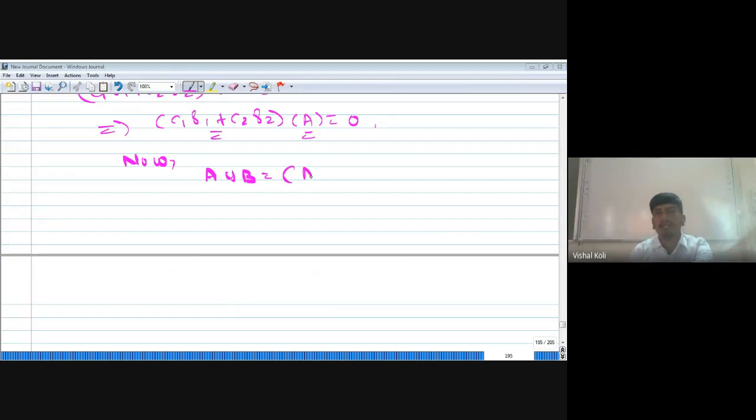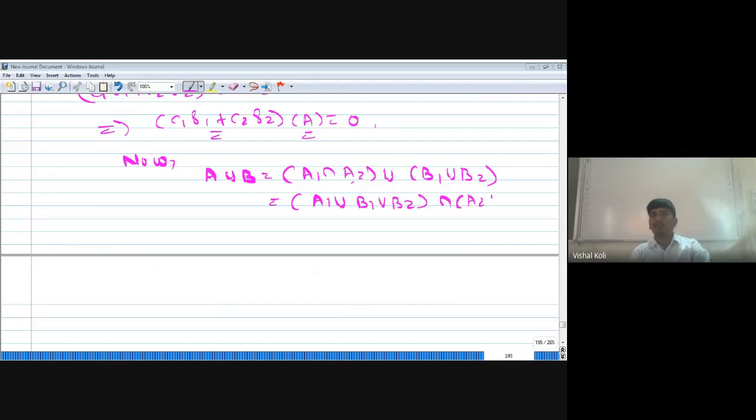A is nothing but A1 intersection A2, and B is nothing but B1 union B2. Okay, so which is nothing but (A1 union B1 union B2) intersection (A2 union B1 union B2).